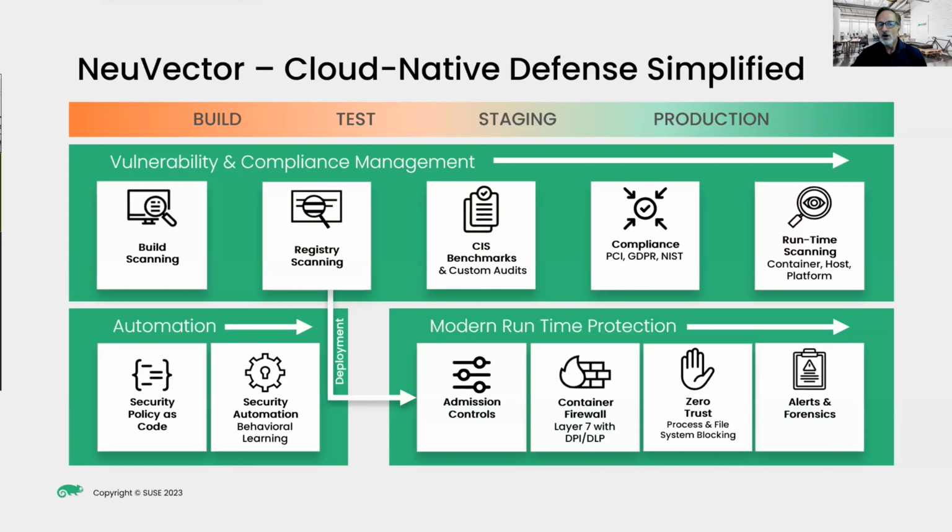SUSE NeuVector also brings modern runtime compliance with admission controls and a layer 7 container network firewall that enables deep packet inspection. So you can see exactly what is going on at any time and monitor the traffic going on between containers in the environment. And all of this is critical to setting up zero trust protections on process and file system actions.